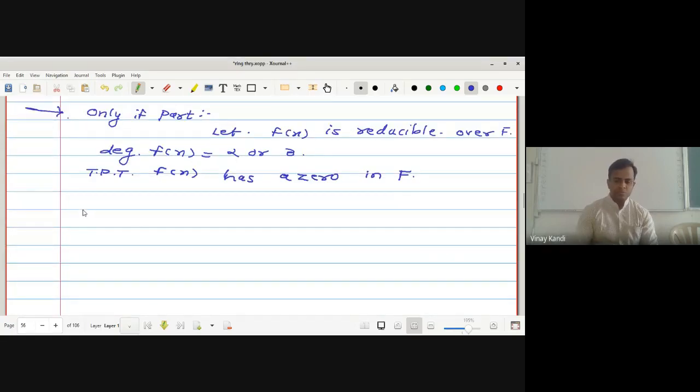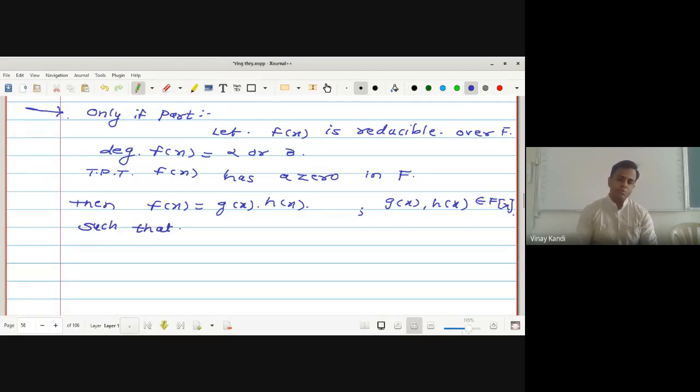Now look, if f is reducible over F, what is the meaning of this sentence? Then f of x we can write in the form of g of x into h of x, where this g of x and h of x belong to capital F of x, that is the ring of polynomials, such that 0 is less than degree of g of x less than degree of f of x, and 0 is less than degree of h of x less than degree of f of x.